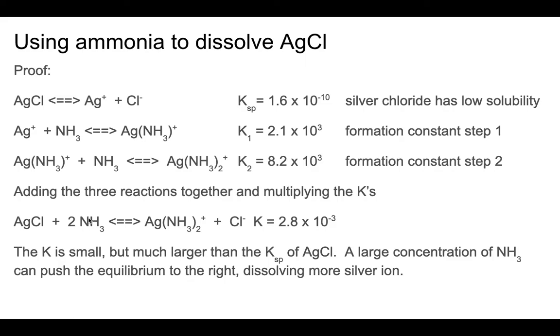So think about the equilibrium. If you've got a large amount of reactant, that's going to shift the equilibrium to the right. So the reality is that even with this K being 10^-3, with a large molarity of ammonia, you can actually get quite a bit of silver ion to dissolve out of the silver chloride and make the diammine complex.